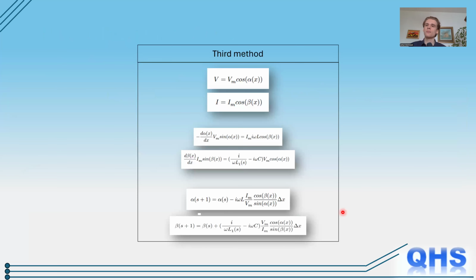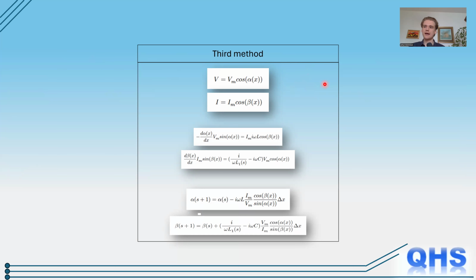The third method assumes that both the voltage and current functions are sinusoidal. We assume that the voltage depends on a cosine of a function alpha, and the current depends on a cosine of a function beta.